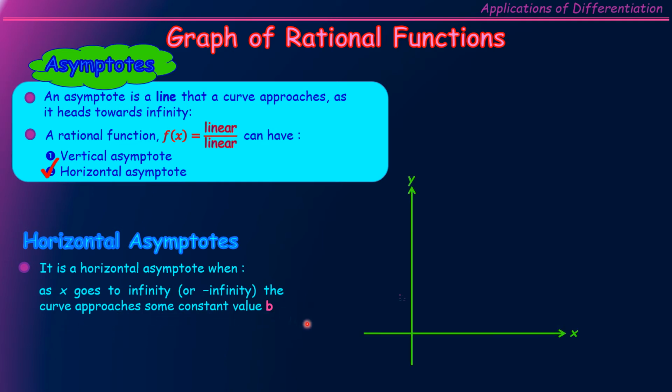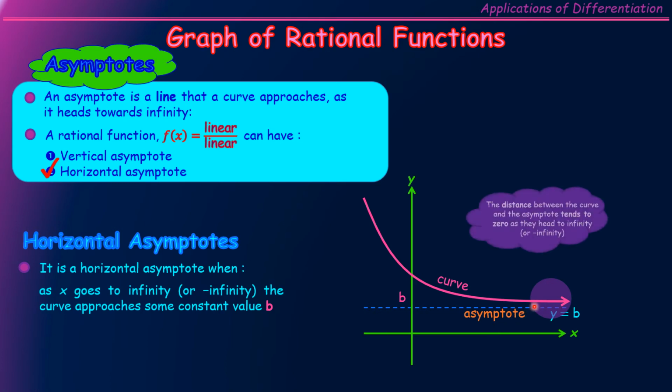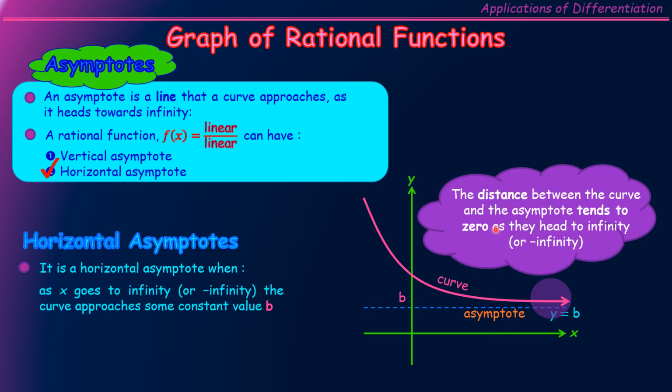Let's say we have the line y equals b, and then we have a curve. So the dotted line is called the asymptote because the distance between the curve and the asymptote tends to 0 as they head to infinity or negative infinity.